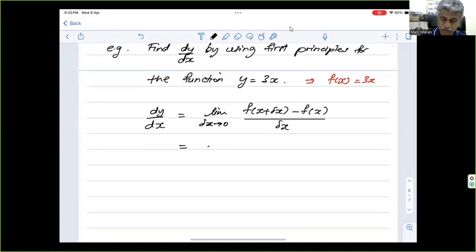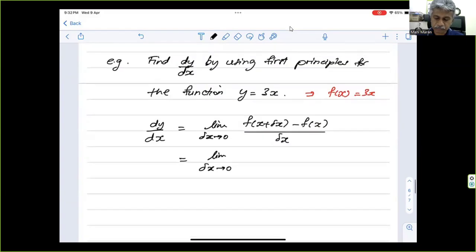So copy down the limit here, delta x approach 0. Now remember that if you are given x, then the function will be 3x. If x is equal to x plus delta x, we take everything here and substitute the x by this x plus delta x.